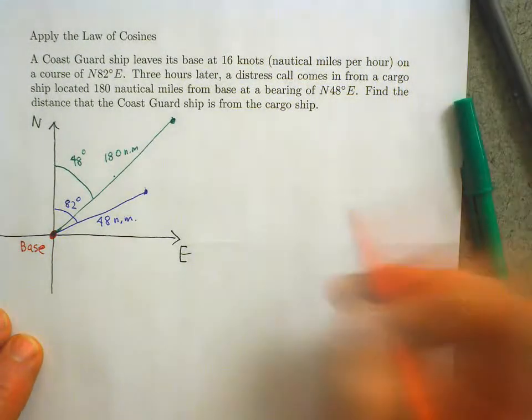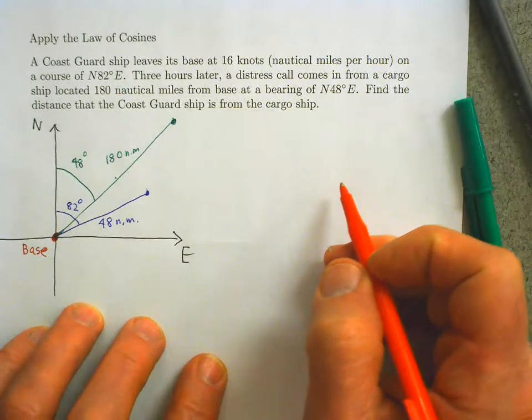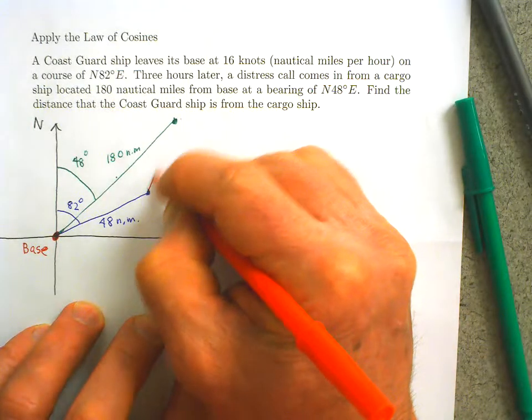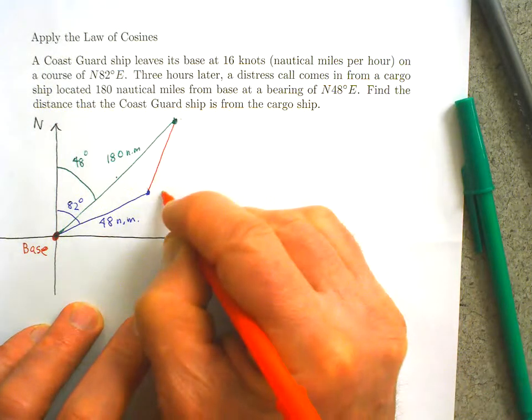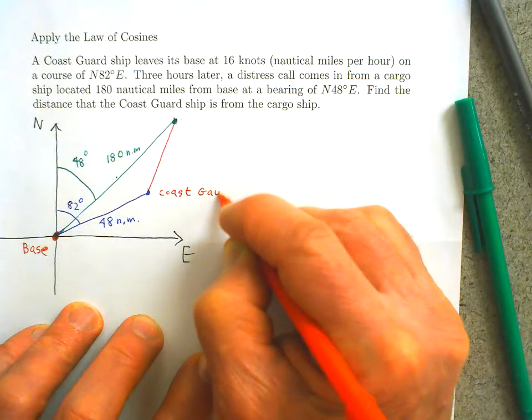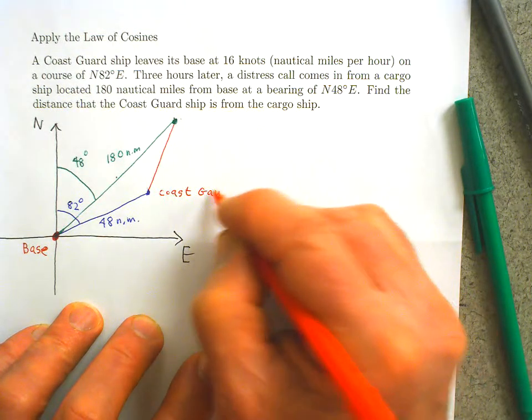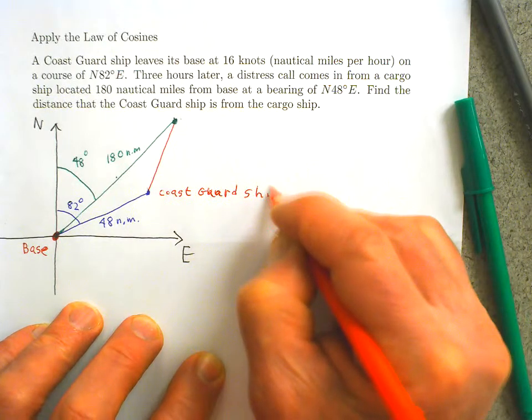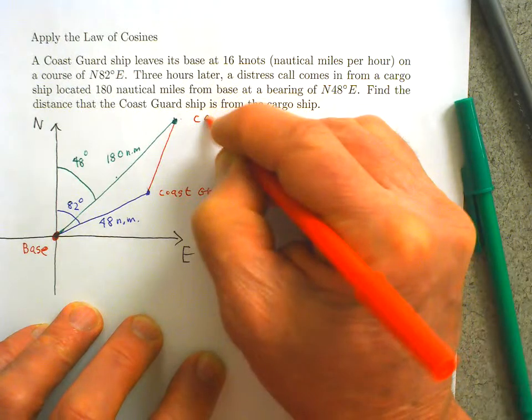Okay, and we're supposed to find the distance that the Coast Guard ship is from the cargo ship. So this is the Coast Guard ship. How do you spell guard? G-U-A-R-D. Okay, Coast Guard ship and the cargo ship.